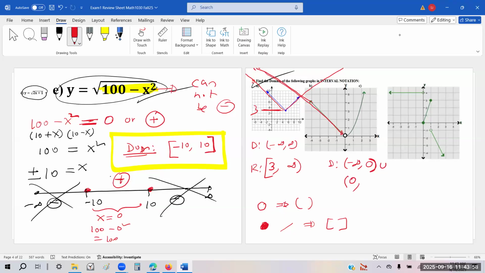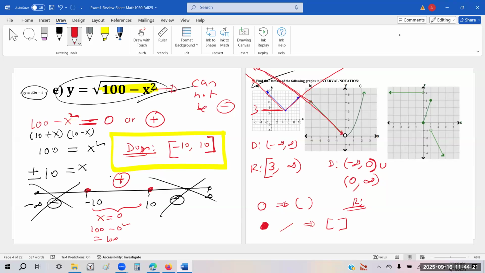And now this journey is going on forever. So x is positive infinity. If you don't stop anywhere, if you're going on forever on the left and right, it's negative infinity and positive infinity. Now for range, smallest y to the largest y.